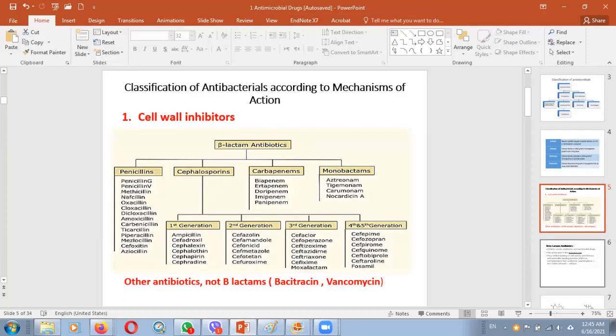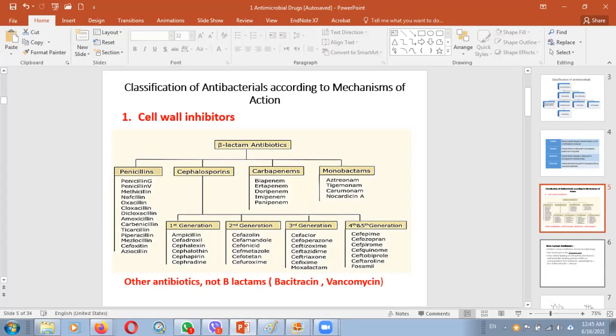Now we come to the classification of antibacterials according to mechanisms of action. We have first the most important group, the cell wall inhibitors. Many drugs work on cell wall inhibition for the bacteria.